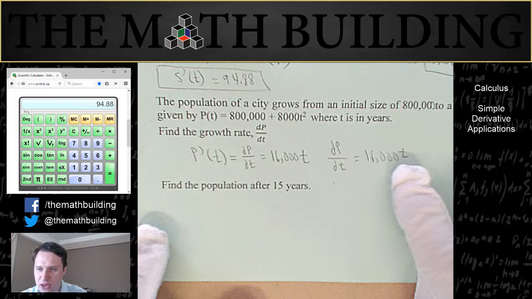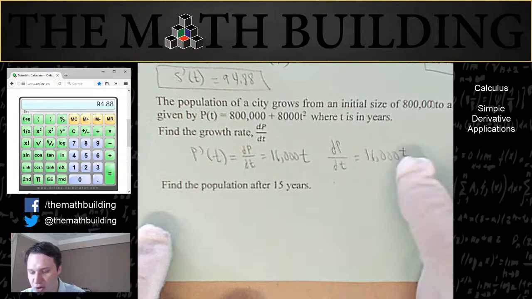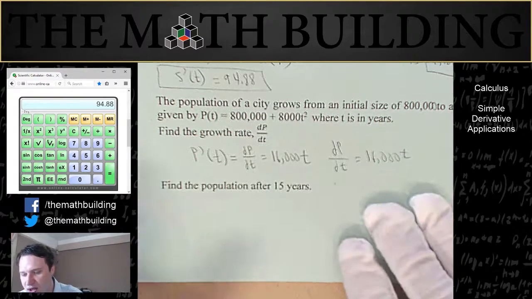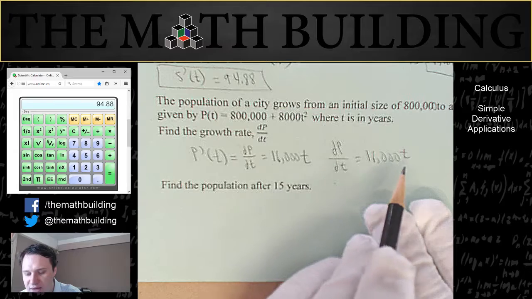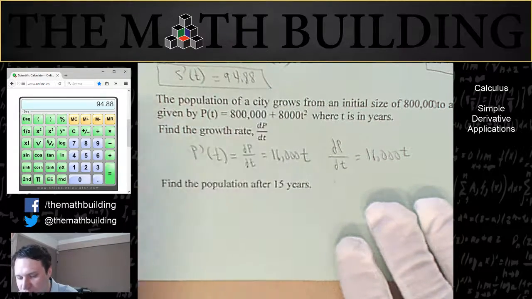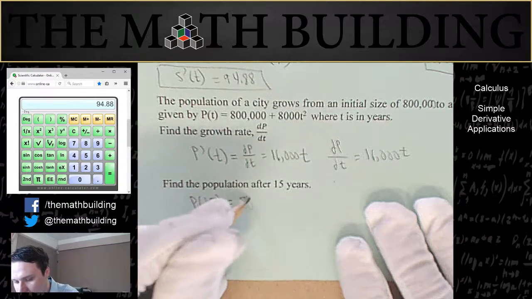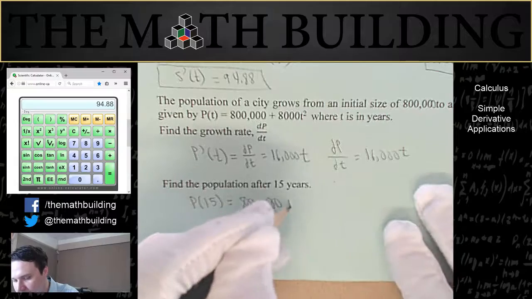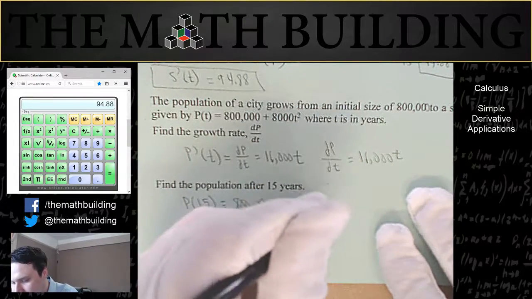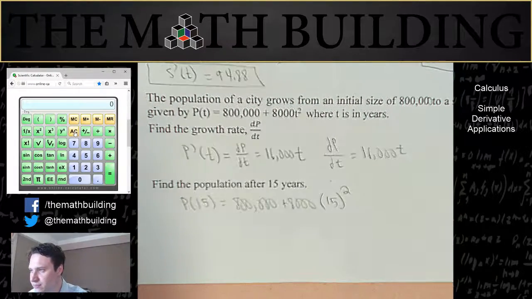Well, if the rate of change, let's be careful here. This is the growth rate, but we want to find the population after 15 years. So that means we're not going to be plugging 15 into this equation. We only want to be plugging it into this equation. So after 15 years, this would be the population. So let's find out what this number is.